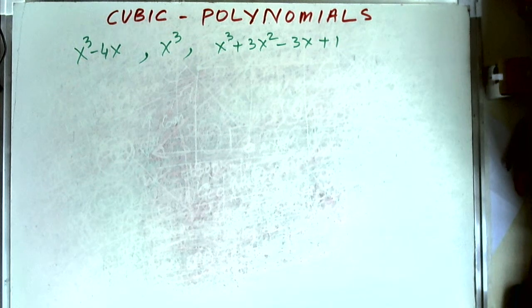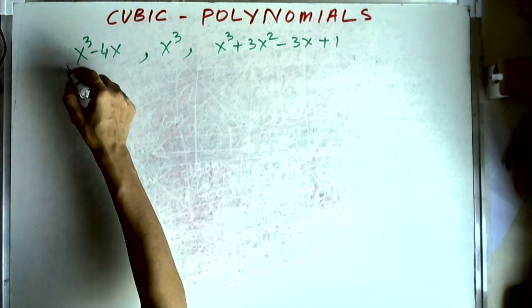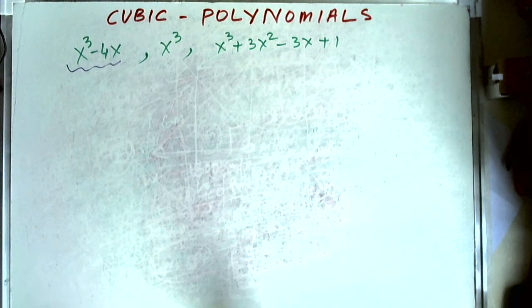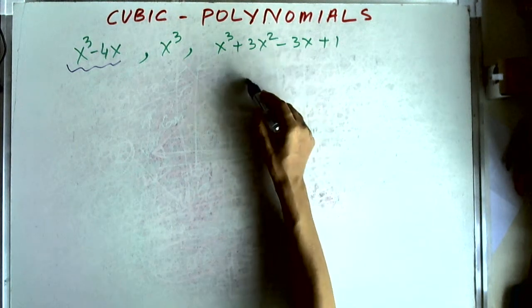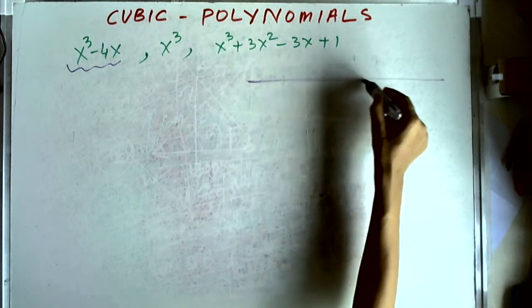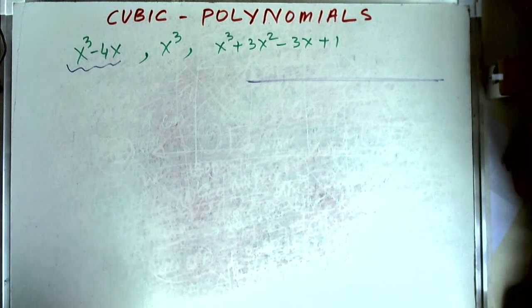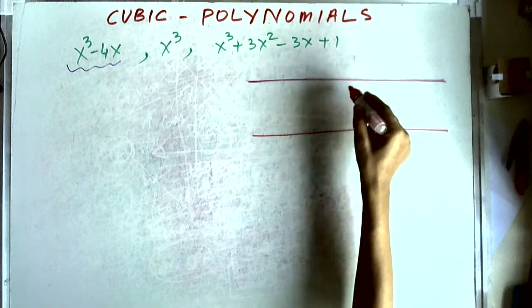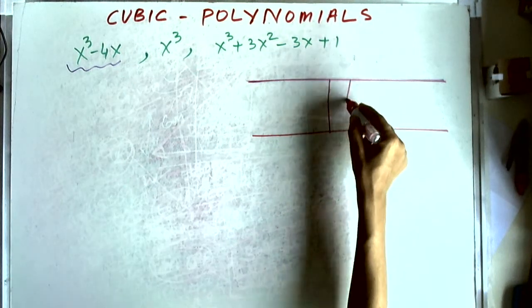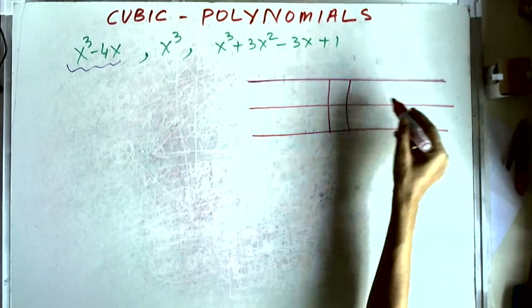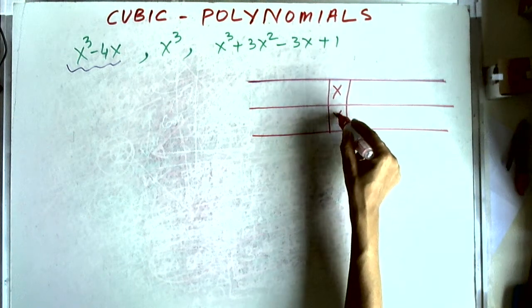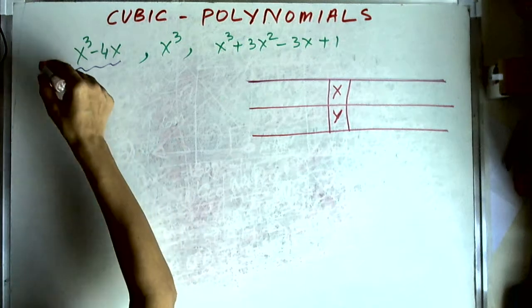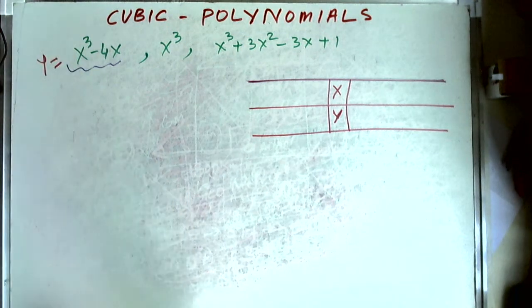For drawing the graph, let us first draw the graph of say x cube minus 4x. What we need to do is first make a table of x and y. So we take it like this: this is x and this is y.